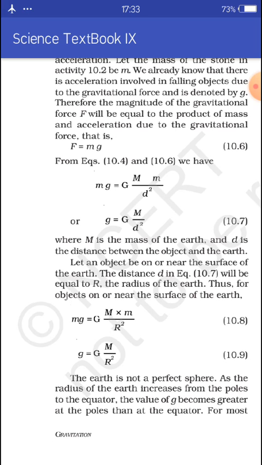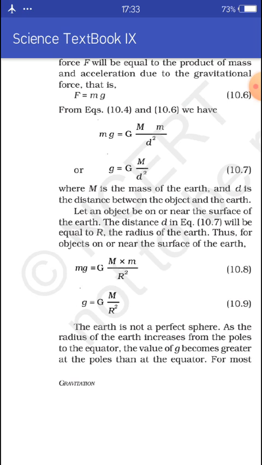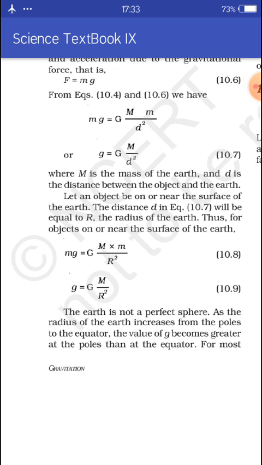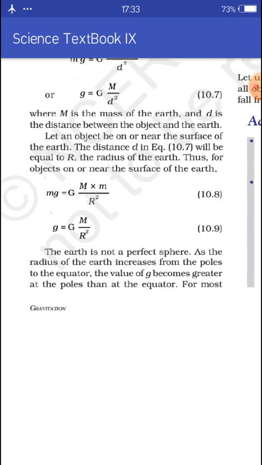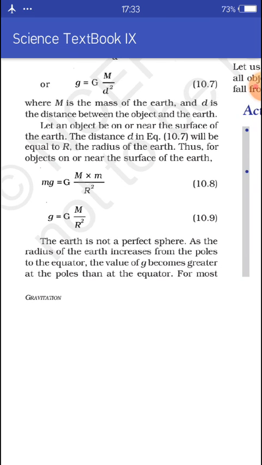Okay, we put the value: mg is equal to G M m upon d square. So the value of g is equal to capital G M upon d square, where M is the mass of the earth and d is the distance between the object and the earth. Let an object be on or near the surface of the earth.